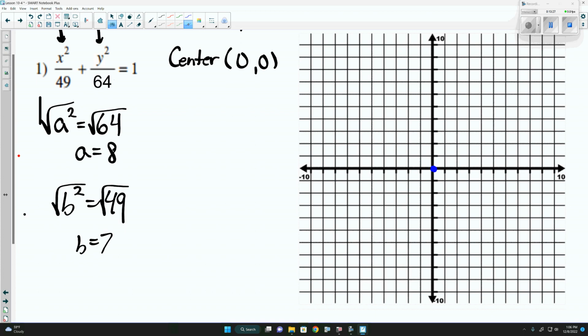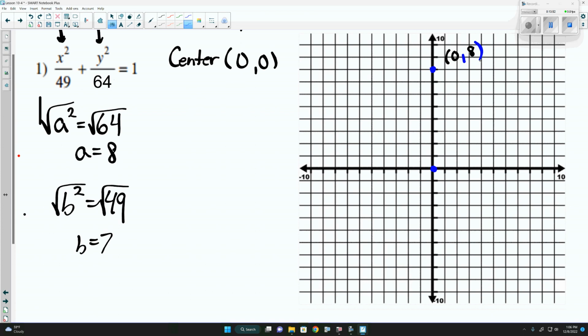Now again, the major length is what A is attached to. Since A is attached to y, that means the major stretching is going to be on the y, yes? So from the center, we can go up and down 8. 1, 2, 3, 4, 5, 6, 7, 8, which gives us the point 0, 8.